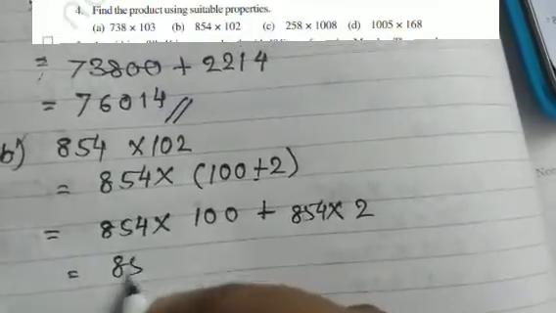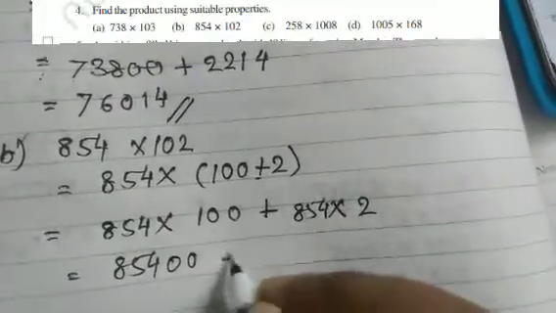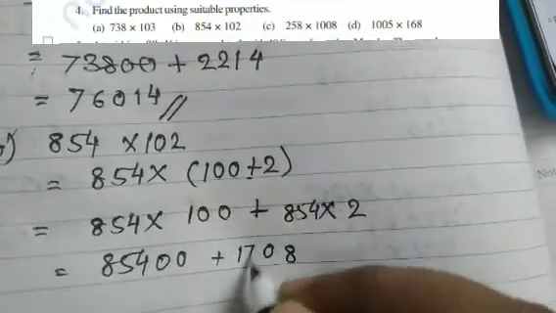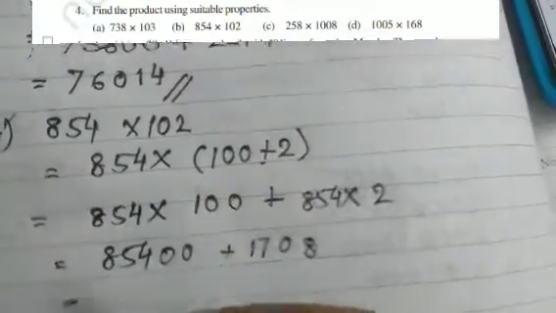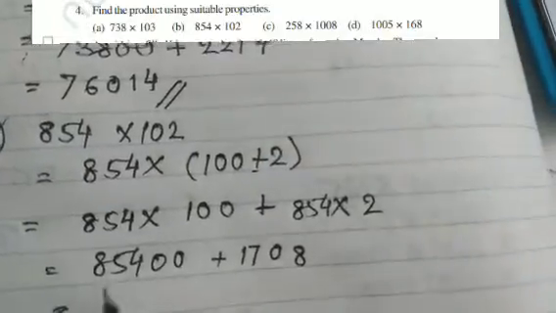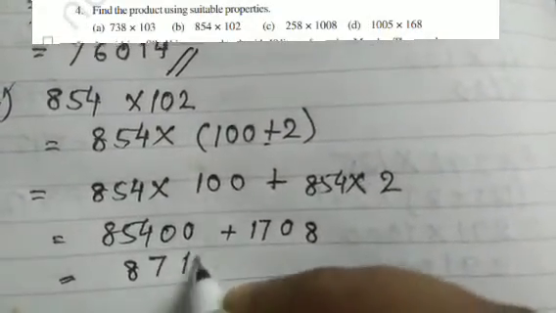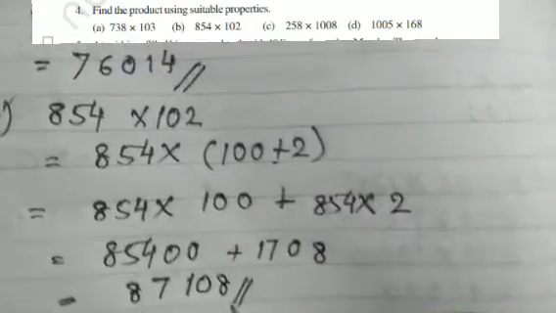So 85400 plus 4 2s are 8, 5 2s are 10, 16 and 1, 17. So this adds up and I get the answer as 87108. Isn't this much easier?